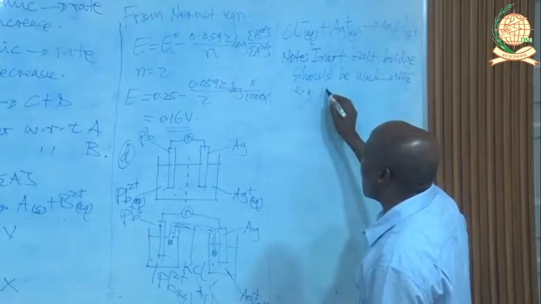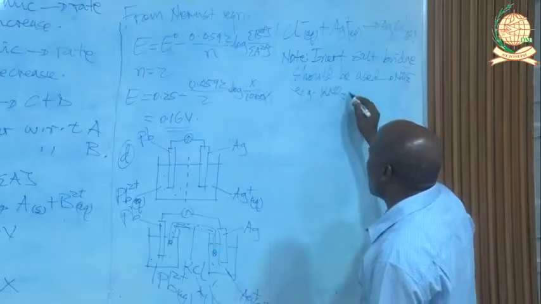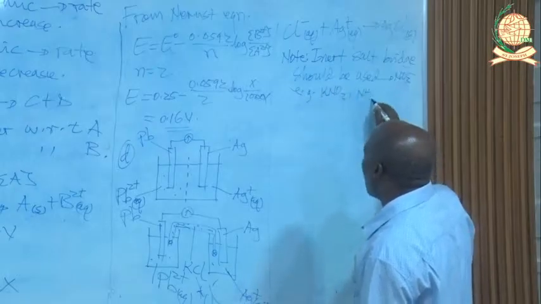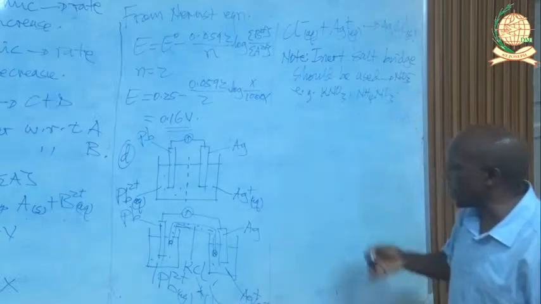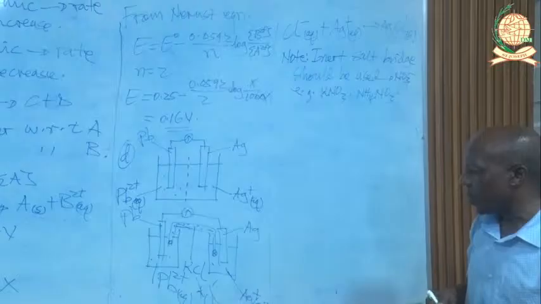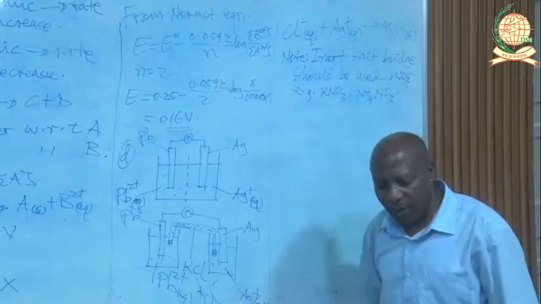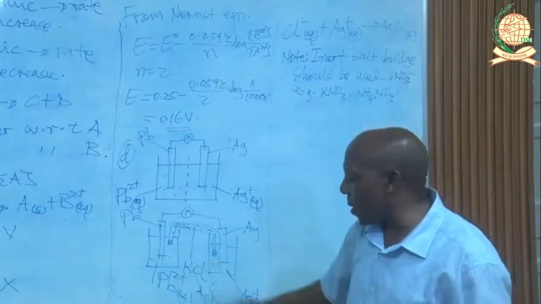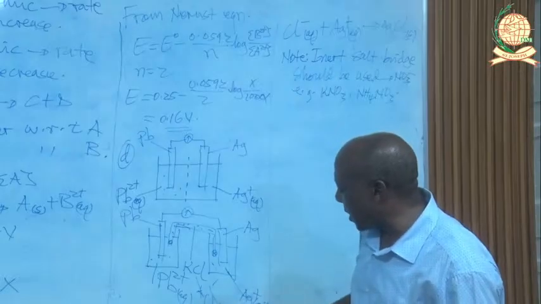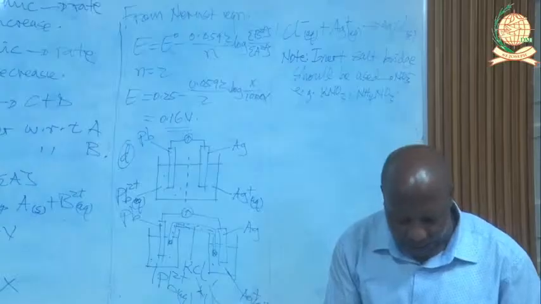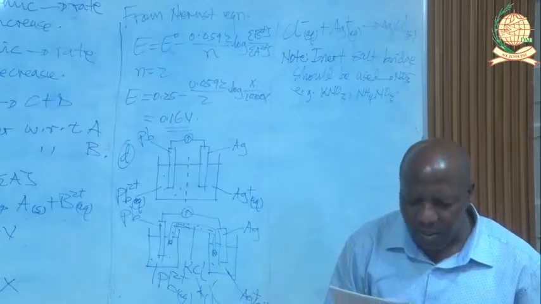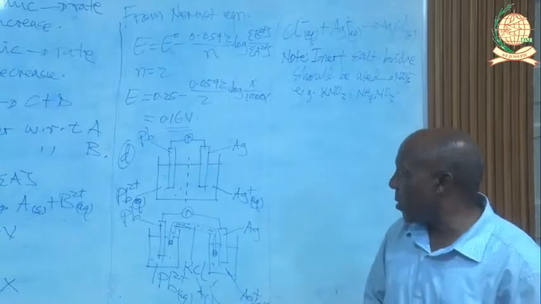So we can use potassium nitrate, we can use ammonium nitrate. All these are solutions of salts which can be used as a salt bridge. So this was a mistake because chloride ions will precipitate with silver ions. As a result, the cell will not work.